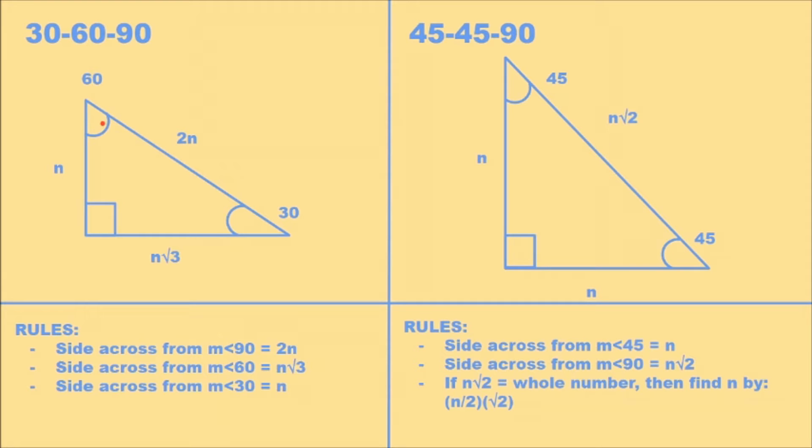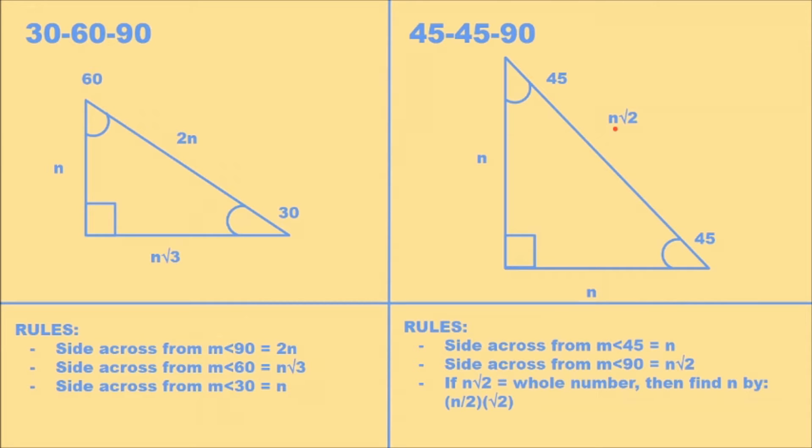Across from the 60-degree angle is n times the square root of 3. And across from the 30-degree angle is always n. The same applies for 45, 45, 90: across from 45 is n, and across from the 90 is n times the square root of 2.